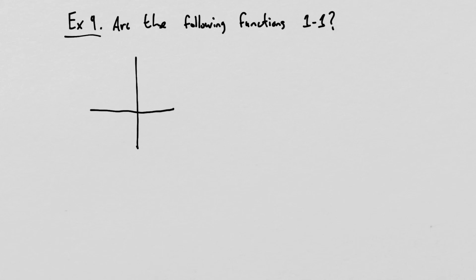So on the left-hand side, again, we have this polynomial type function. Maybe it looks something like this. And on the right-hand side, we have this function that almost looks like the square root, or in this case, half of x squared.